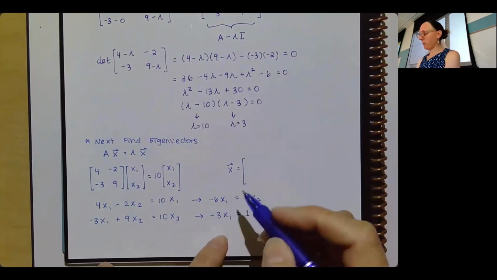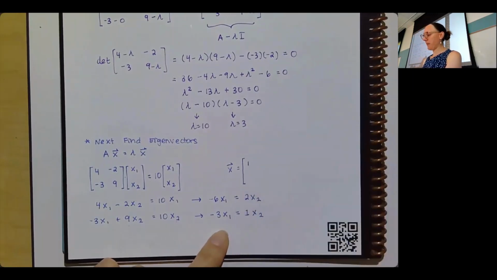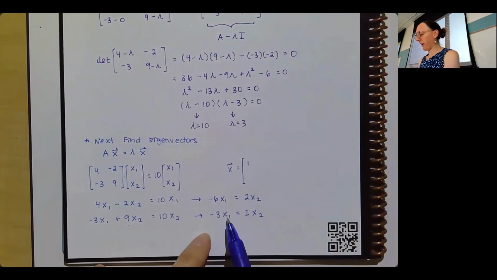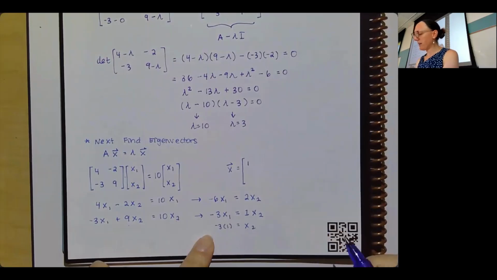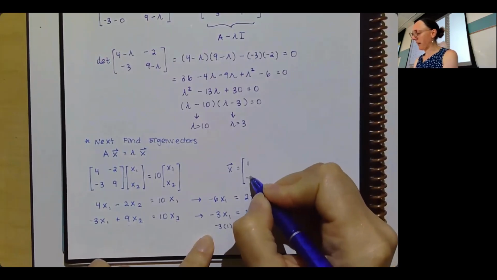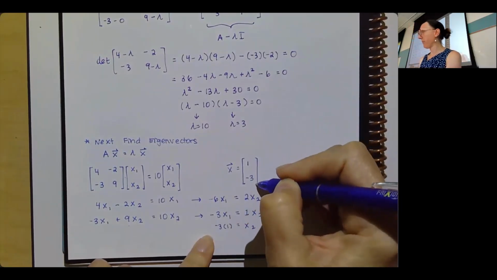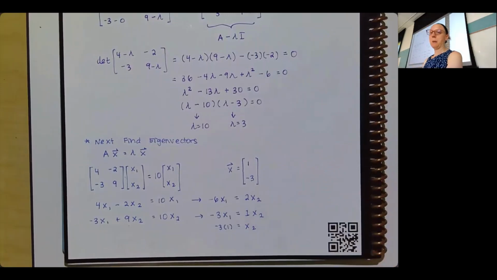So if I let x1 be equal to 1 and plug that in, then I've got -3 times 1 is equal to x2. So my x2 value has to be -3. But in fact, I could have chosen anything at all to plug in for x1.